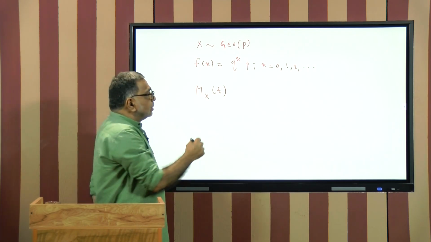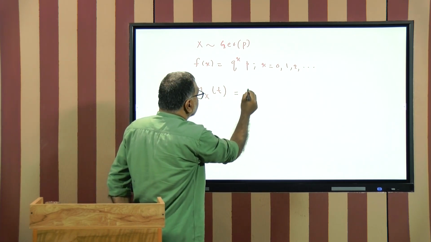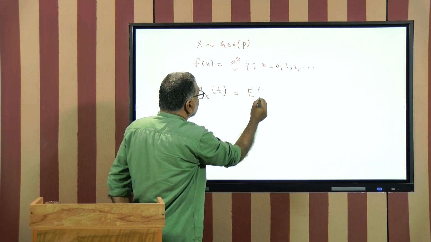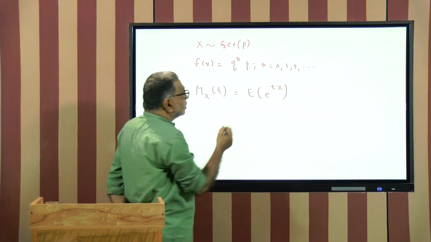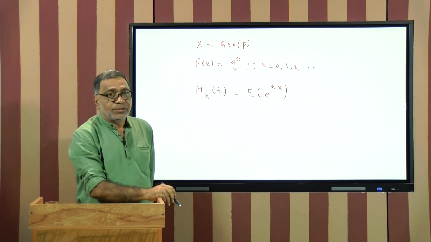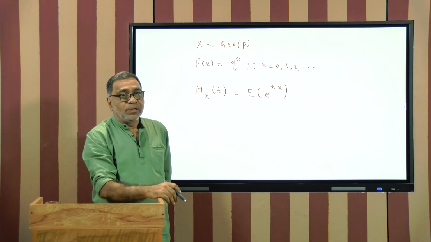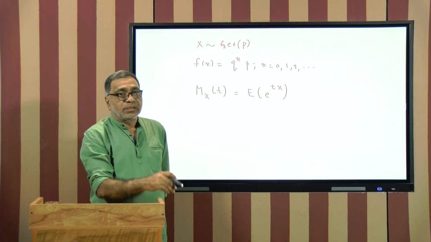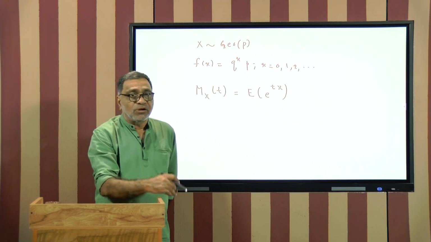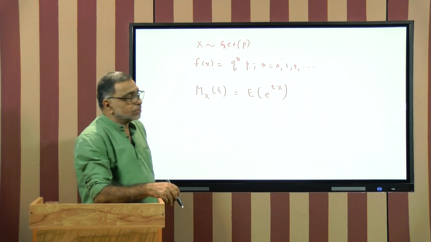The moment generating function is defined as the expectation of e^(tX).